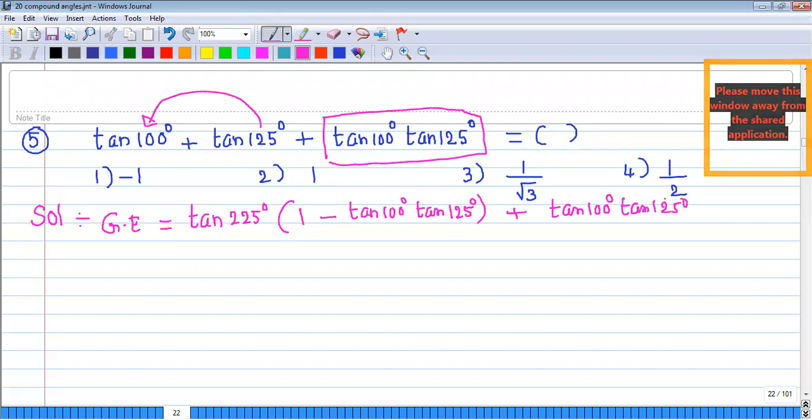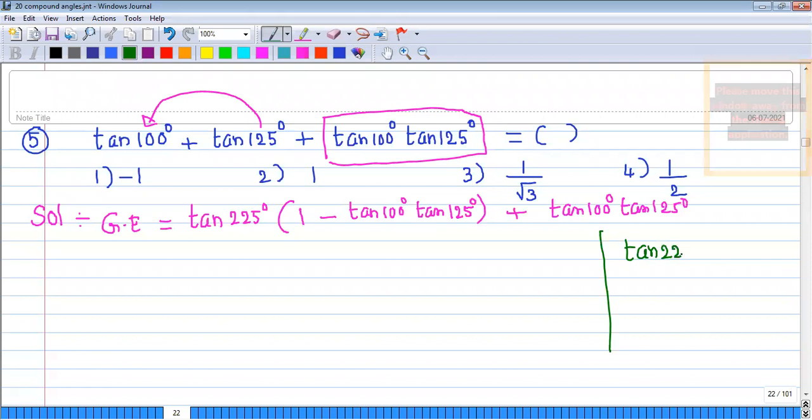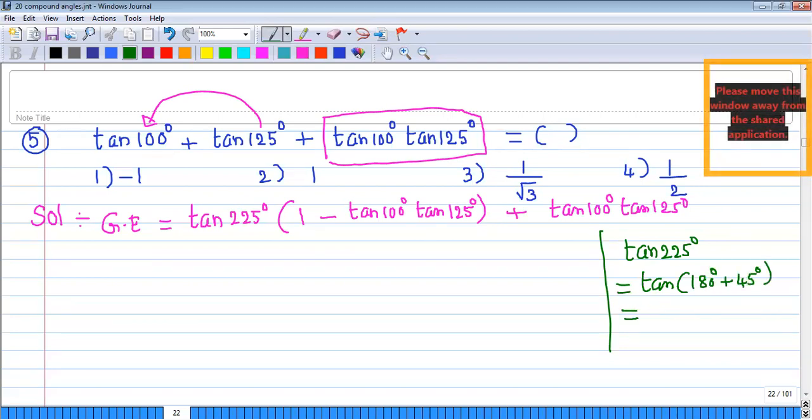So my dear students, remember tan 225 degrees is equal to tan of 180 plus theta, third quadrant. Tan is positive, tan remains tan, that is 1.